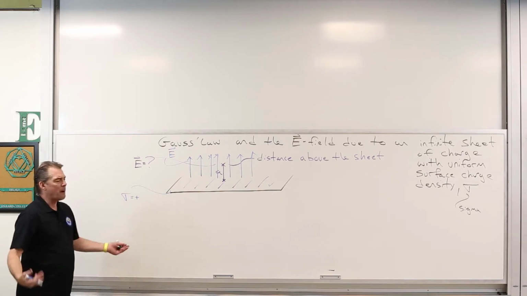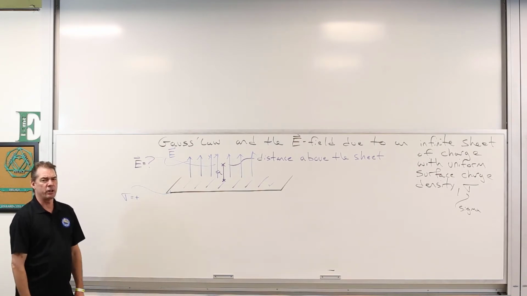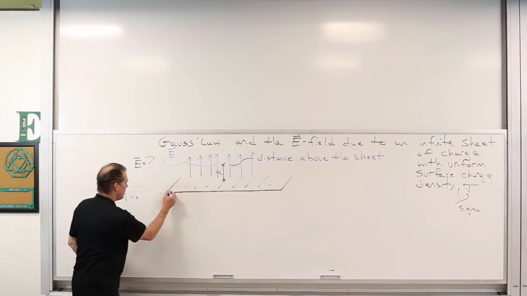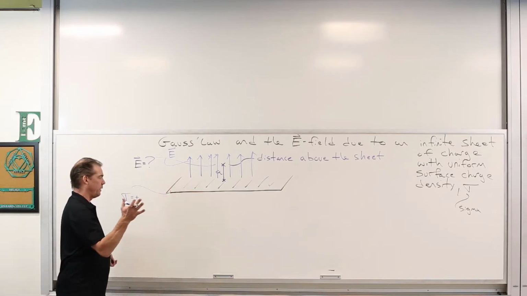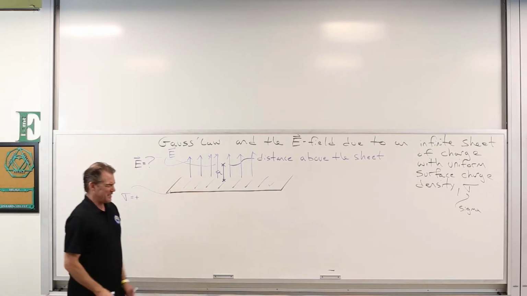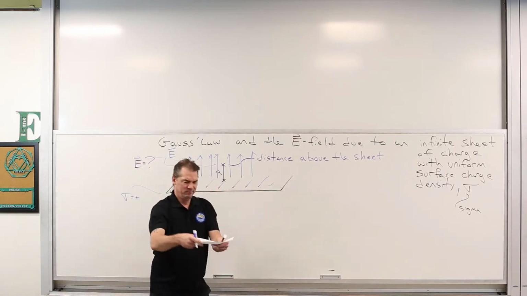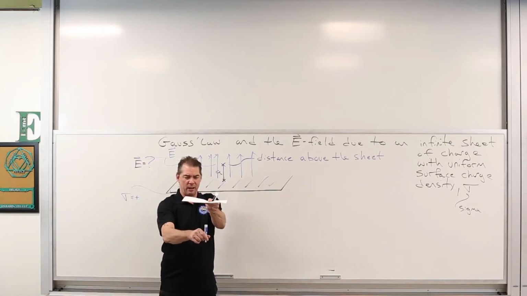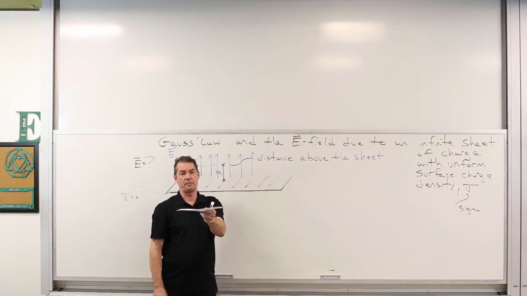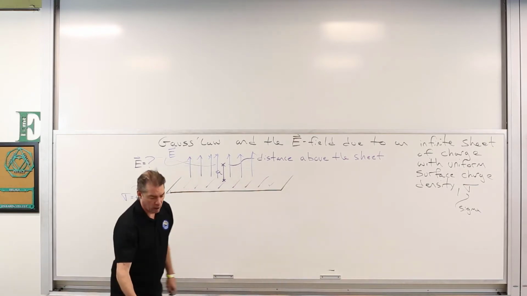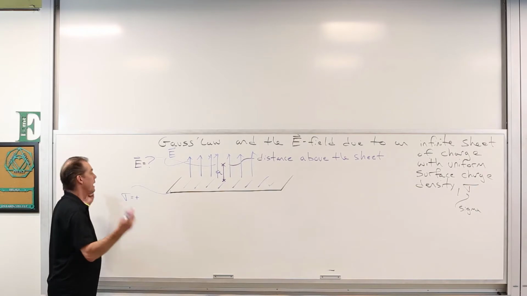Well, that's above it. What about below it? There should be an electric field below it too, right? Because any one little element has a radially outward field, great, but it's the same thing below. We take a point below the midpoint of a well-defined sheet, and the electric field has to be straight down, because all of the components that are parallel to the sheet have to cancel out.